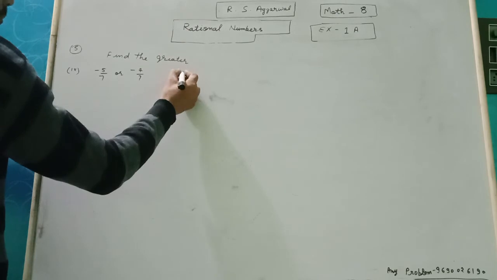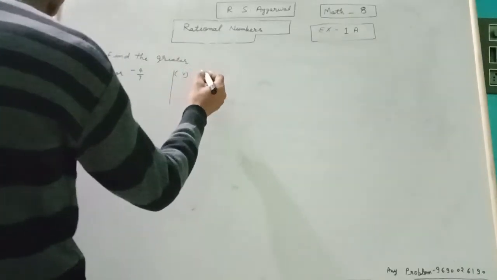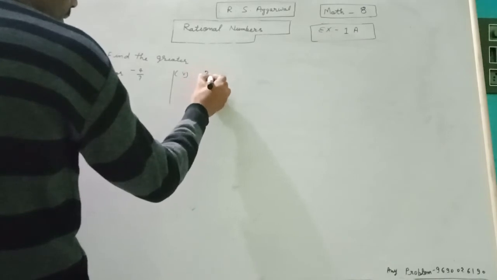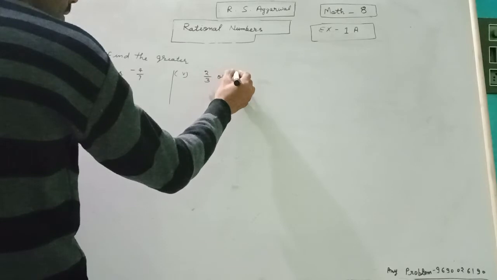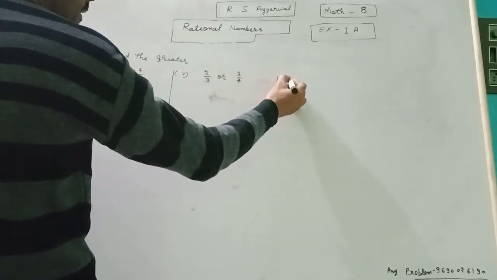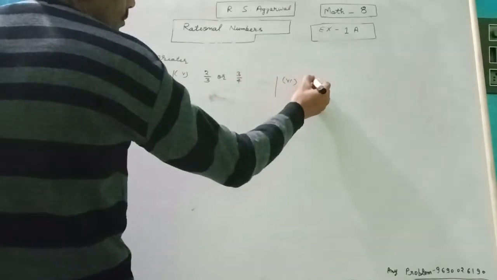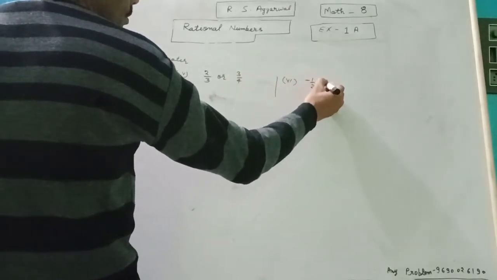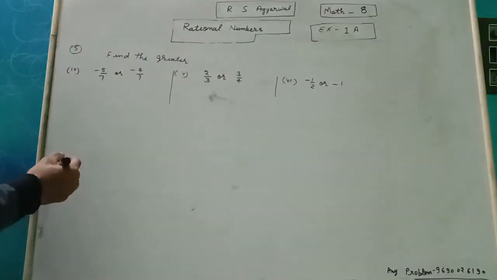Its fifth part is 2 upon 3 or 3 upon 4. Sixth part is minus 1 upon 2 or minus 1. Solve the first part.